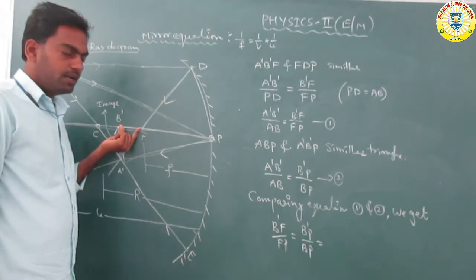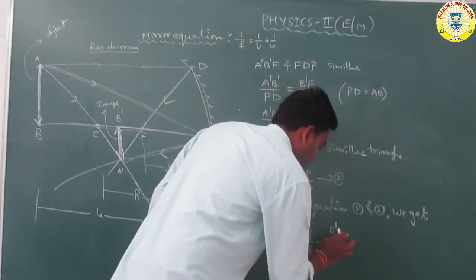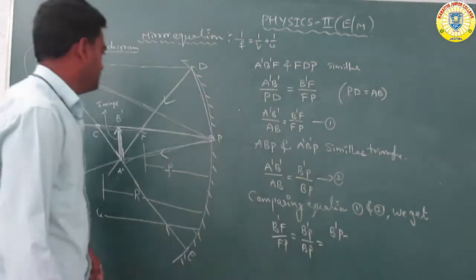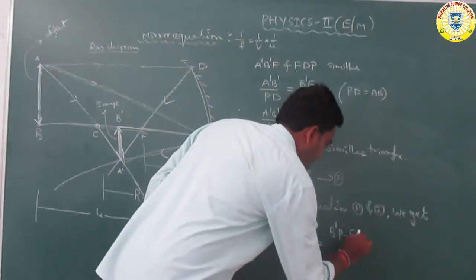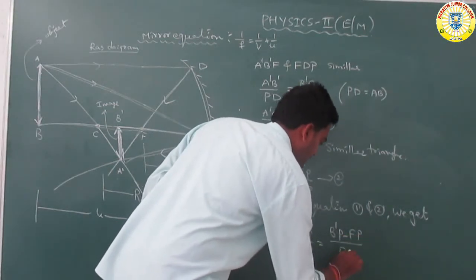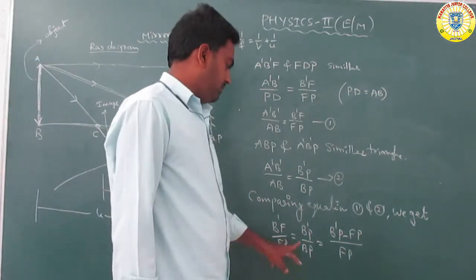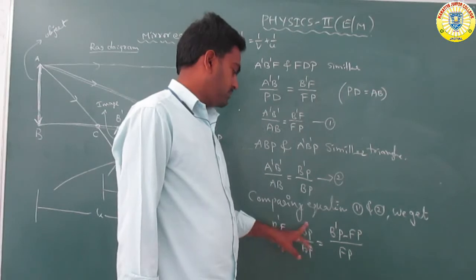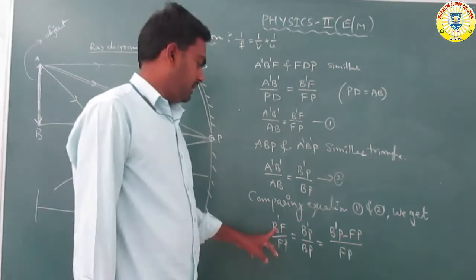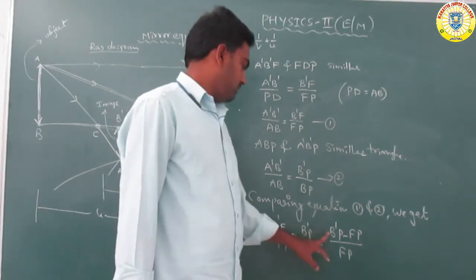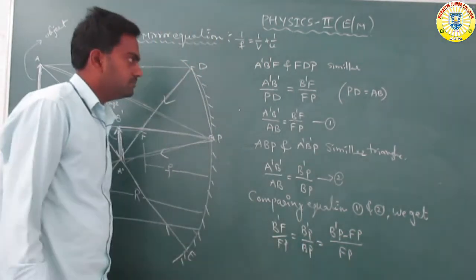So B dash F is equal to B dash P minus FP, and we can write B dash P minus FP by FP, substituting.